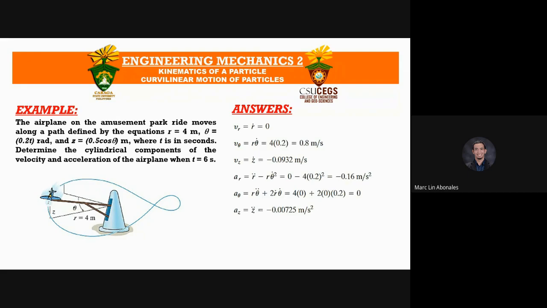So, take note, kung 2-dimensional, it means polar coordinates. That is R and theta lang.